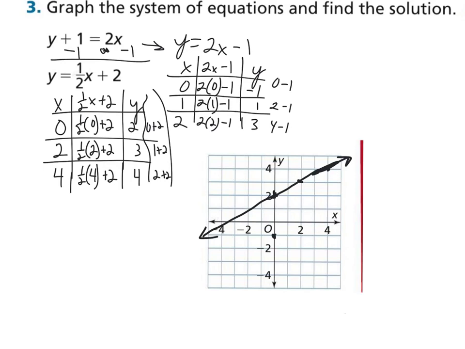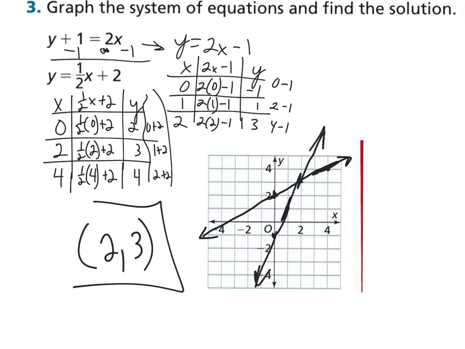This would be our second line. And my lines aren't the greatest here, but oh, I graphed that wrong. On our table, we actually see the answer, which is 2, 3. So 2, 3 is where these lines intersect. That would be the solution to this system of equations.